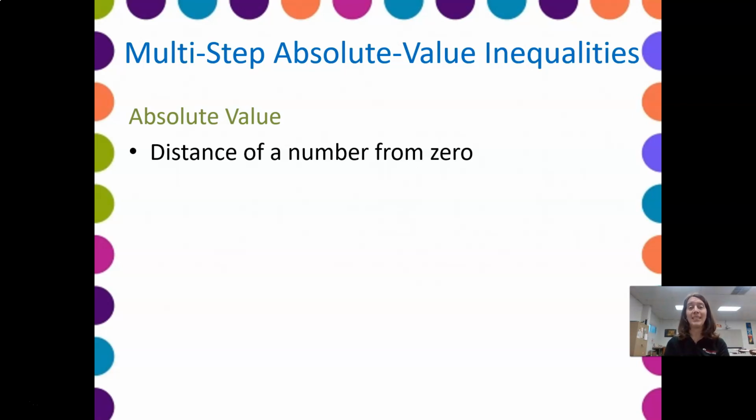The problems that we're facing today are the ones that said like the absolute value of x is greater than 5. What did that mean if the distance was more than 5 spaces away from 0? Or if a question says the absolute value of x is less than 4. What does that mean, that the distance is less than 4? That affected how we set up our final answers.